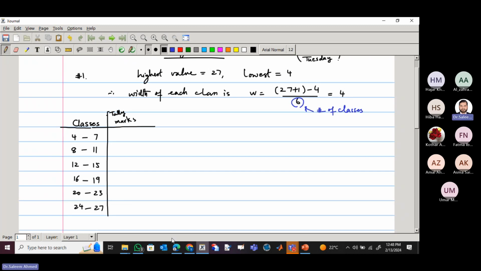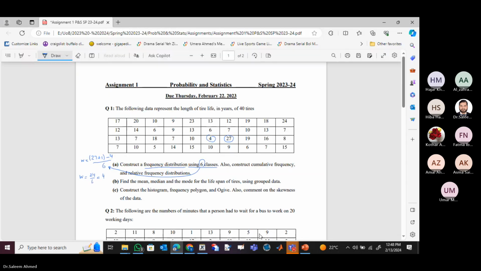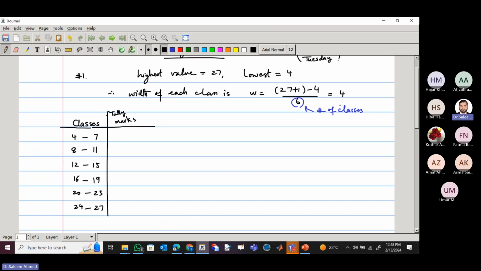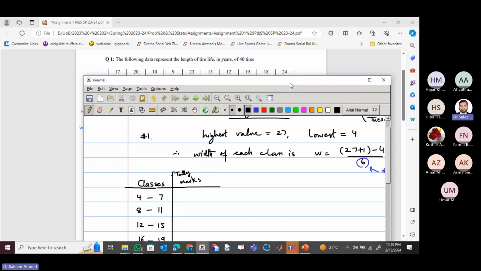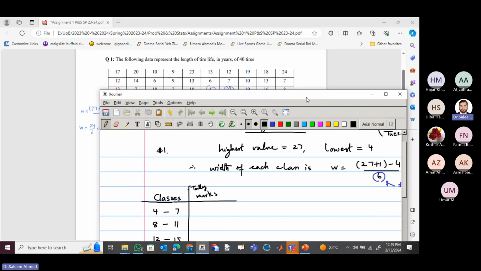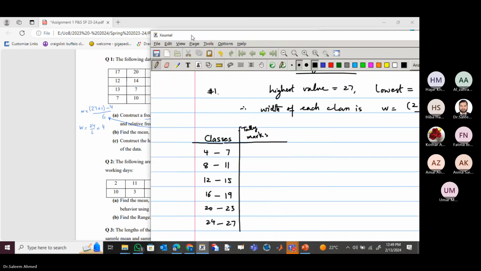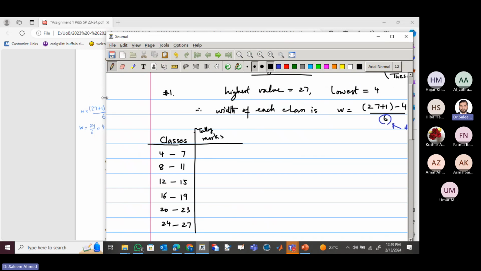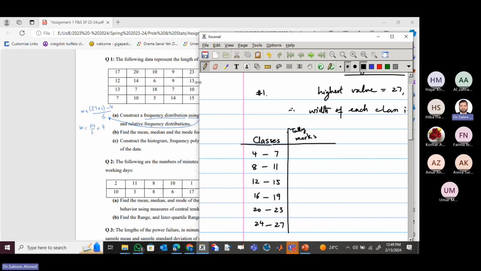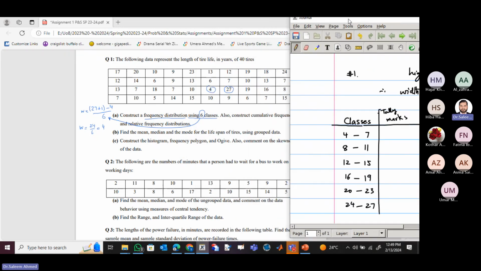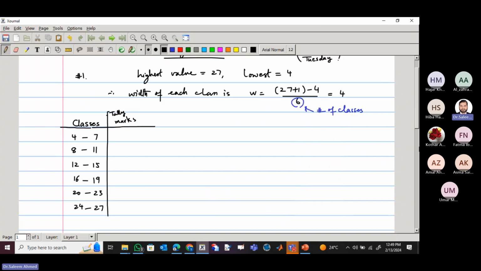After each value, let me bring the table down here and make it a little smaller, and I can make tallies.